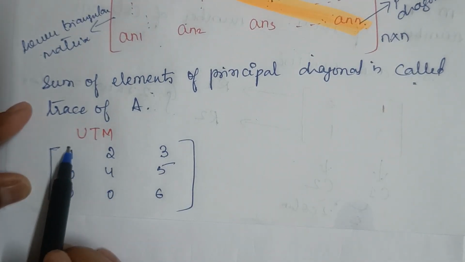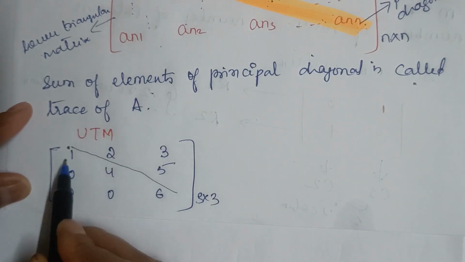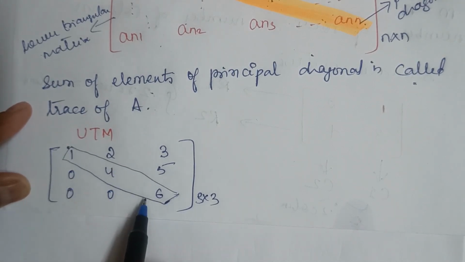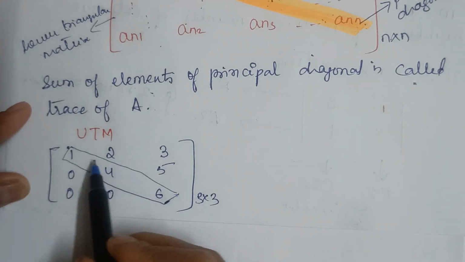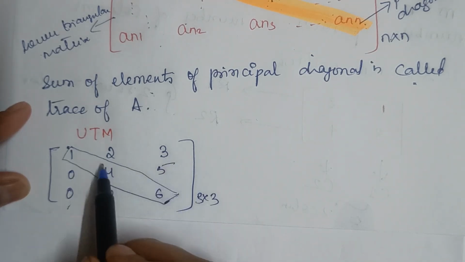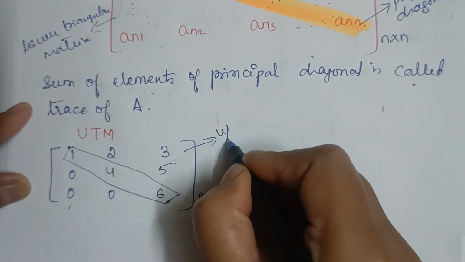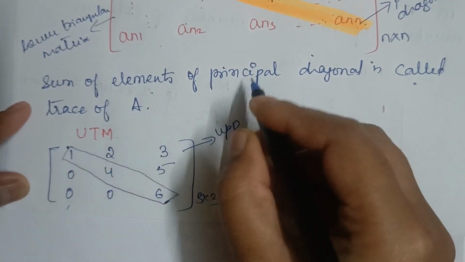This is a 3 by 3 square matrix. This is the principal diagonal. Below the principal diagonal all the elements are 0, and above it there are non-zero elements. So it is an upper triangular matrix.